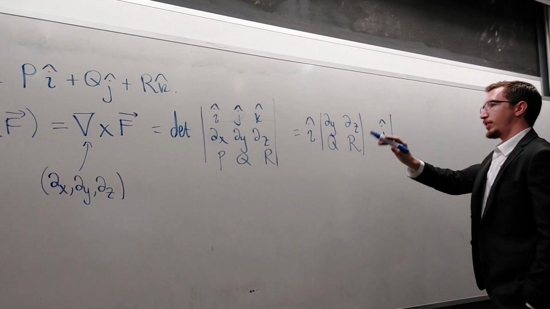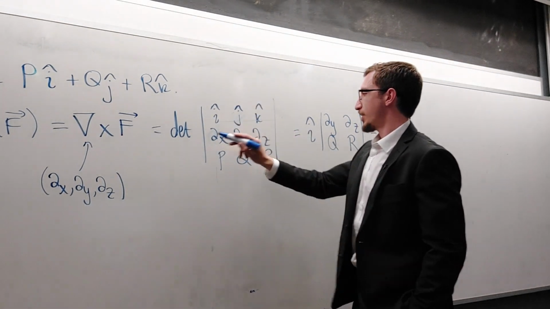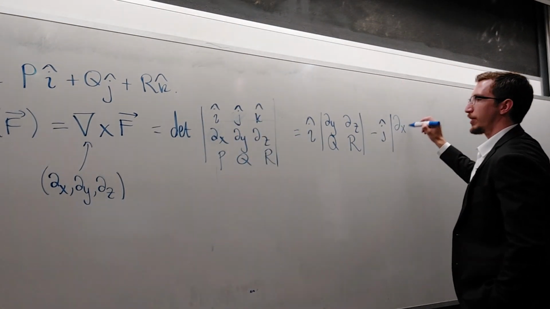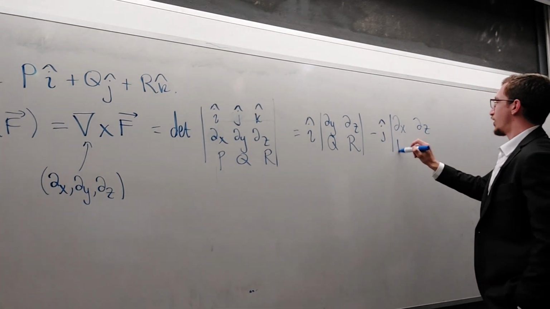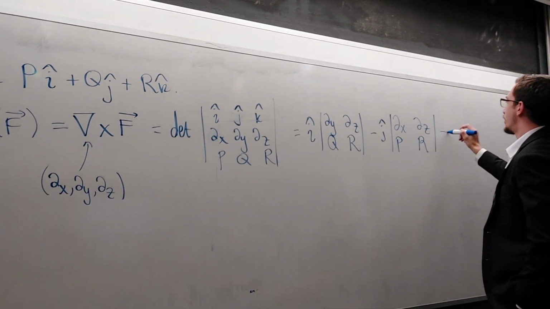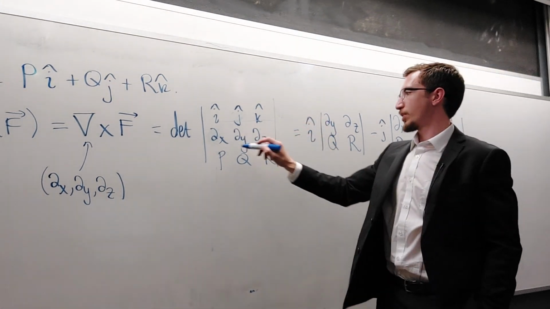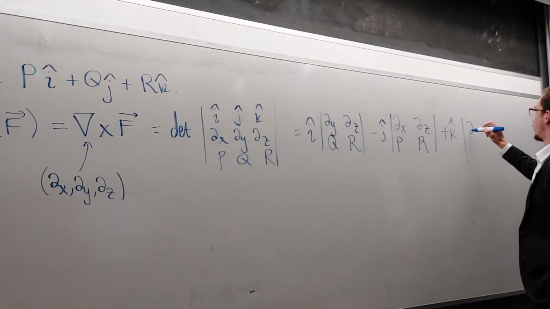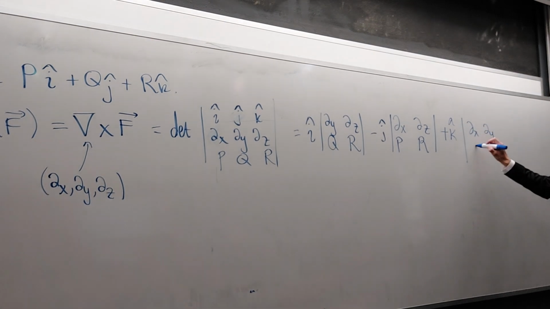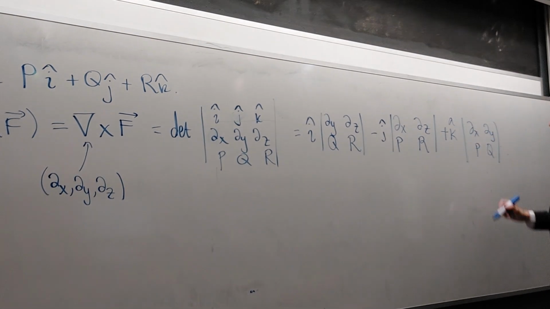And I hide that, and I get partial x, partial z, p, r, and then k hat will be partial x, partial y, p, and q. Okay?